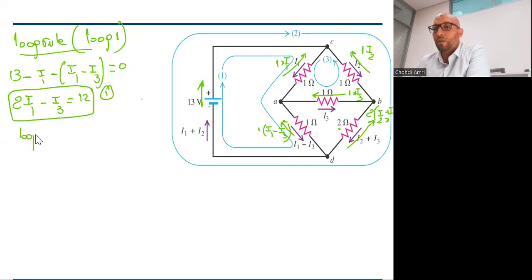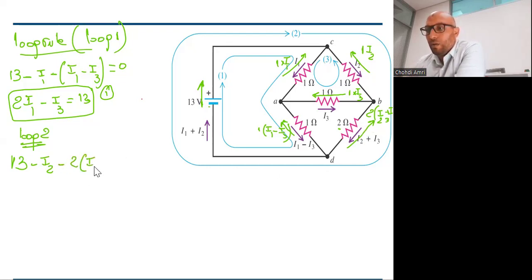Loop 2. What is loop 2? It's the total loop. So here it's also clockwise: 13 minus I2 minus 2 multiplied by I2 plus I3 equals 0.